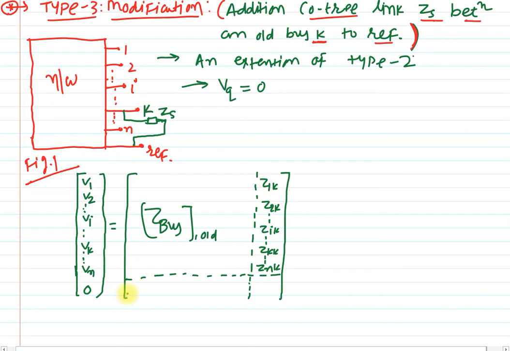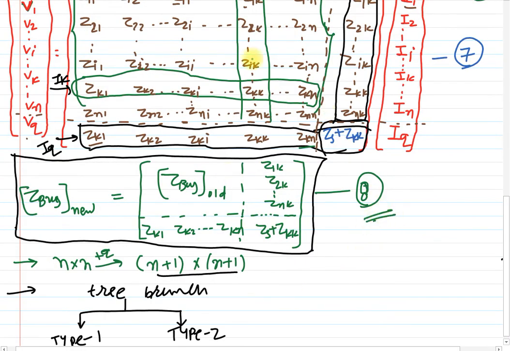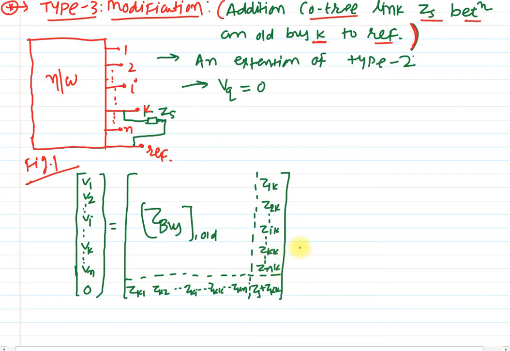Same way I can write over here ZK1, ZK2, ZKI, ZKK and ZKN. Clear? And the diagonal element which is ZS plus ZKK. Same equation which is written over here in type 2 modification.